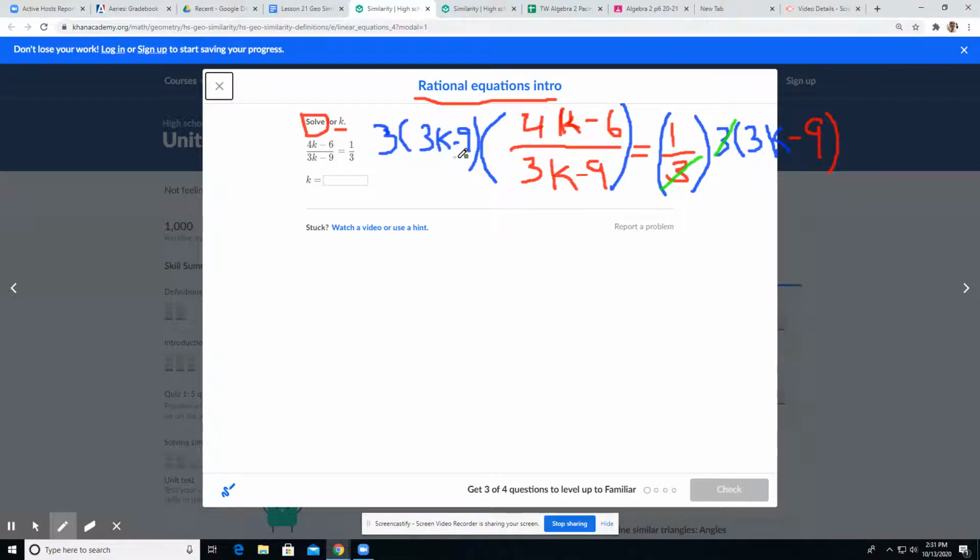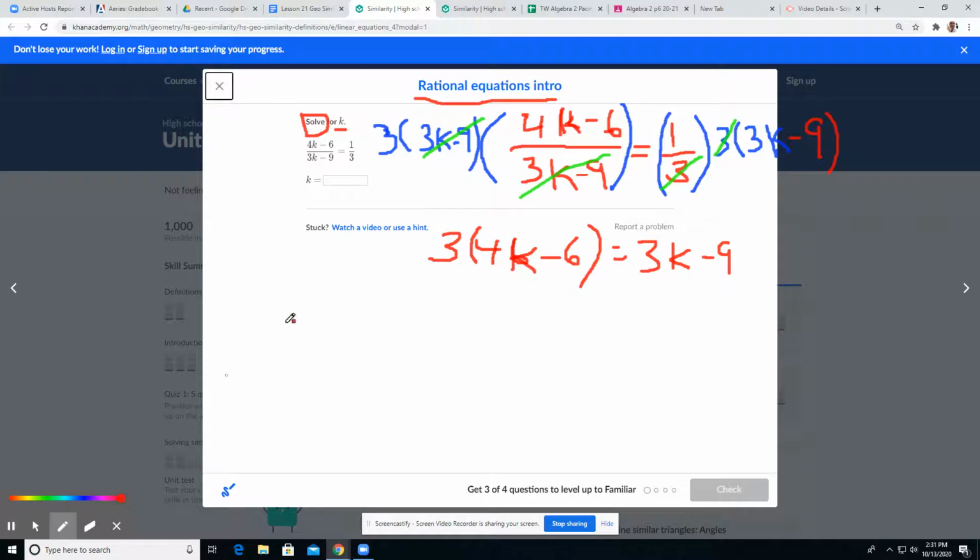On the left side, there's a 3k minus 9 and a 3k minus 9 that are in common. So what's left on the left? I still have that 3, and there's a 4k minus 6 up here. 4k minus 6 on the left. On the right, the 3k minus 9 is left.